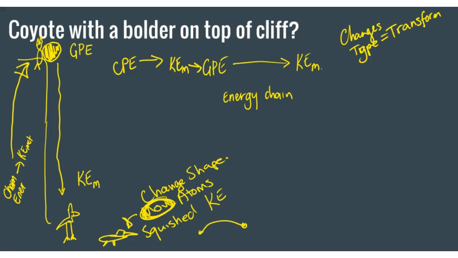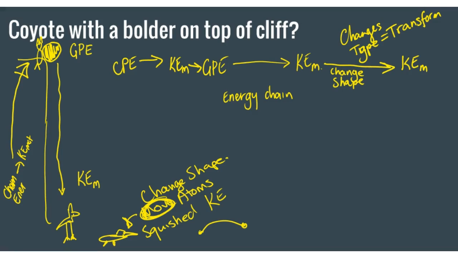So that kinetic energy up here, of motion energy, if it actually did hit Roadrunner, and it would hit the ground as well, that ground and the Roadrunner would change shape. And to change shape, you're actually moving the atoms, which means you've still got kinetic energy. It's just the kinetic energy of changing shape rather than moving something from one place to another.